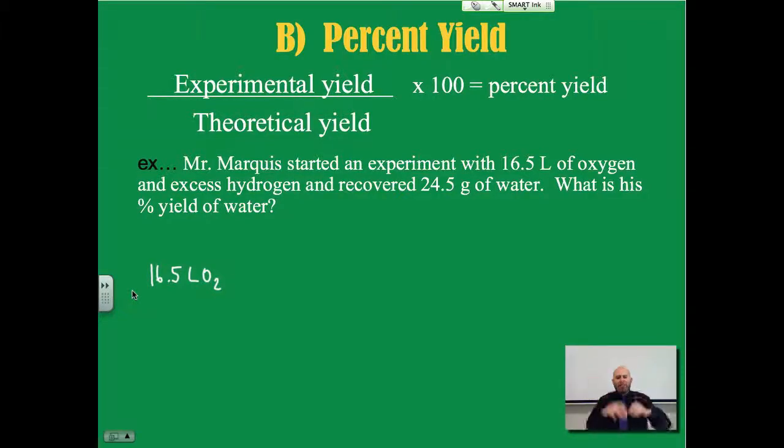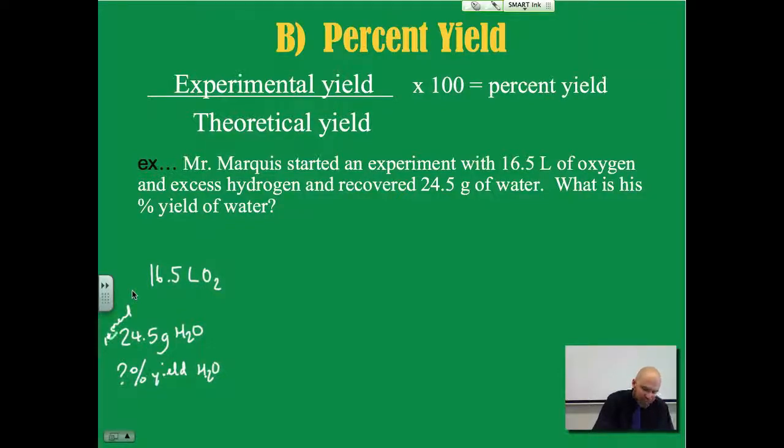That means I have so much hydrogen it does not matter how much I have. I've got plenty of it. And recovered 24.5 grams of water. What is the percent yield of water?